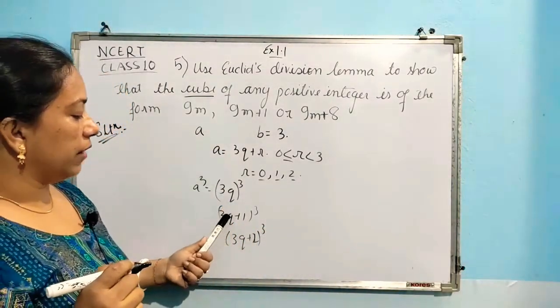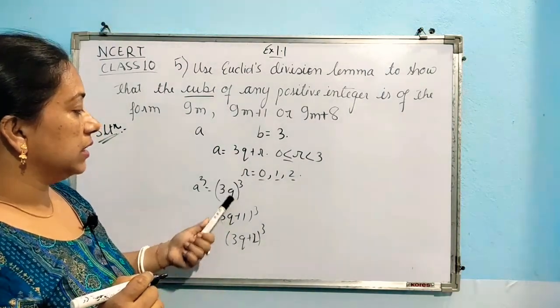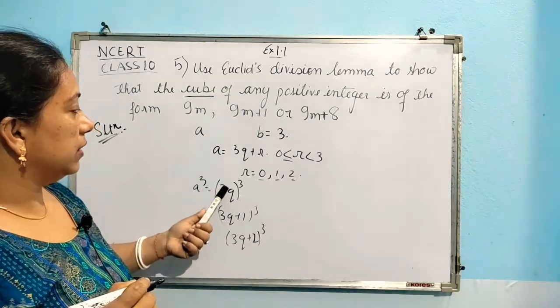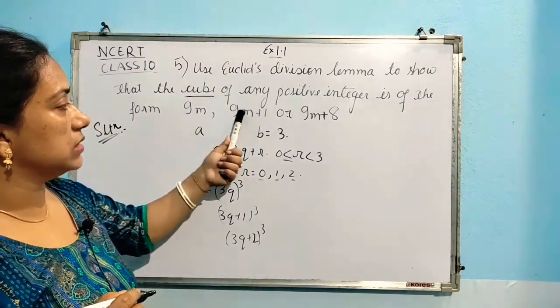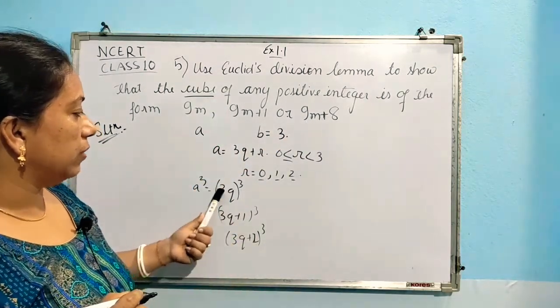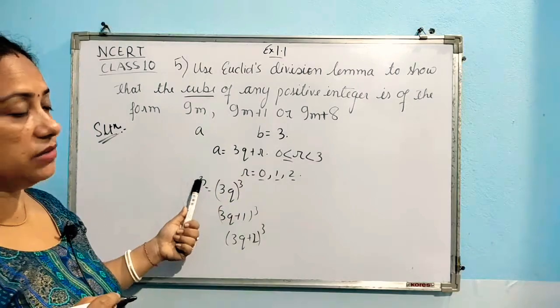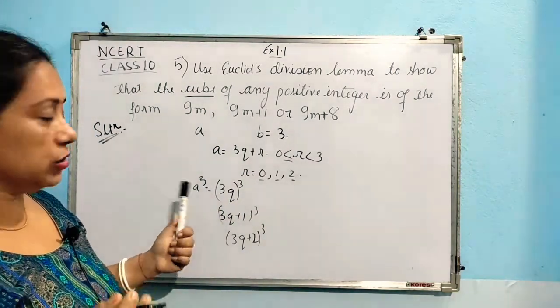Here we have to use the a plus b whole cube formula, and then express that a cube is of one of these three forms. So for these 3 different values of r, we will have 3 different values of a, and accordingly 3 different forms of a cube.